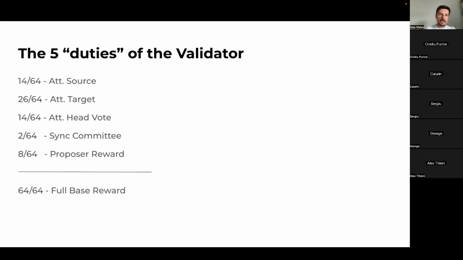Okay, and in more detail, as a validator, you have 5 duties and different weights that add up to 64 by 64. So 14 by 64 if you attest to the source slot, and the source slot is basically the first slot in the previous epoch.